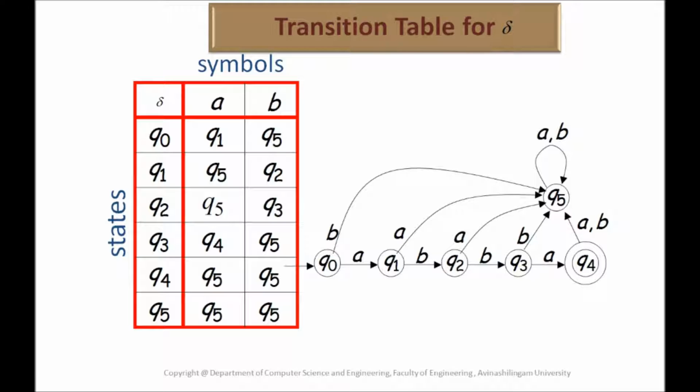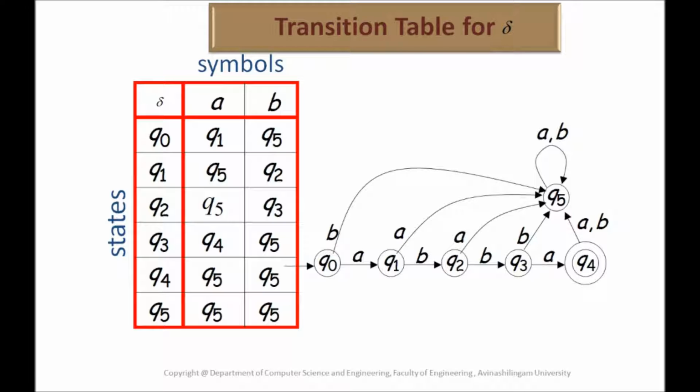From Q1, using input symbol B, it goes to Q2. From Q2, using input symbol A, it goes to the Q5 state. From Q2, using input symbol B, it goes to the Q3 state. From the Q3 state, using the input symbol A, it goes to the Q4 state. From the Q3 state, using the input symbol B, it goes to the Q5 state.